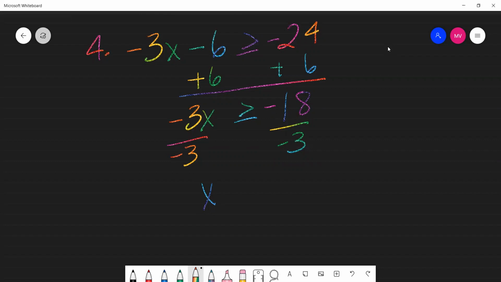X is it 6 or negative 6? Right, because a negative divided by a negative is a positive. Very good. All right. Mostly you just have to remember, what do you ask yourself as you multiply and divide?